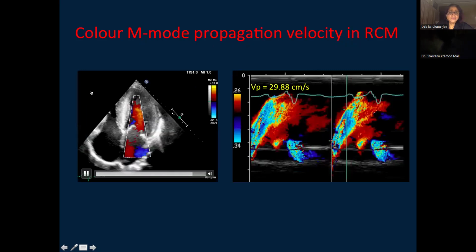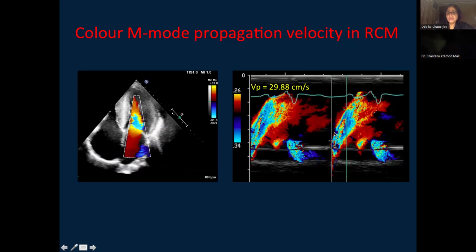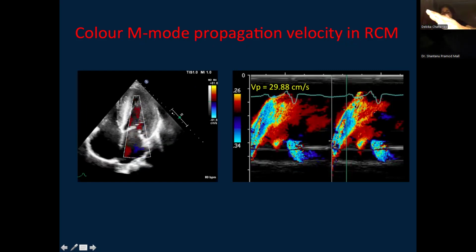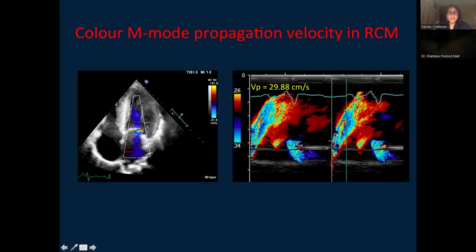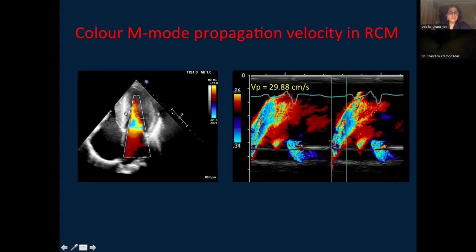On the other hand, if you look at this, look, biatrial enlargement, it's a case of cardiac amyloidosis. Look here, the VP is only 29 or 30 centimeters per second. The slope is so slanted. So here the color M-mode propagation velocity is very, very low, indicating that the blood is not flowing.